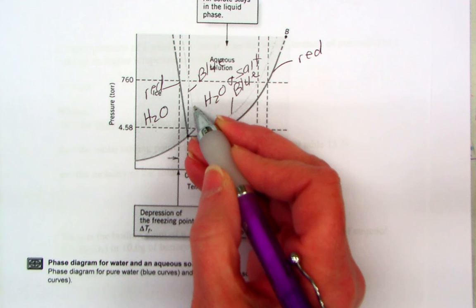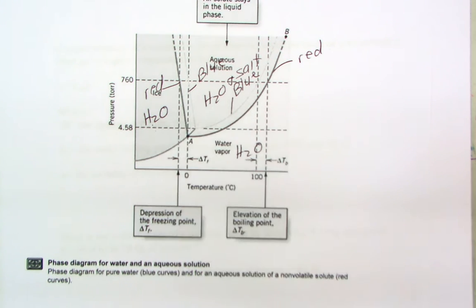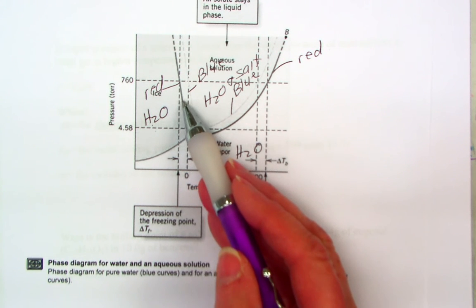Over here, the opposite thing is going on. You have the solution, but only the water is going into the solid. So it takes longer for that to go into the solid because they have to get around those solute molecules. So you get this line shifting the opposite direction. These are lower temperatures.